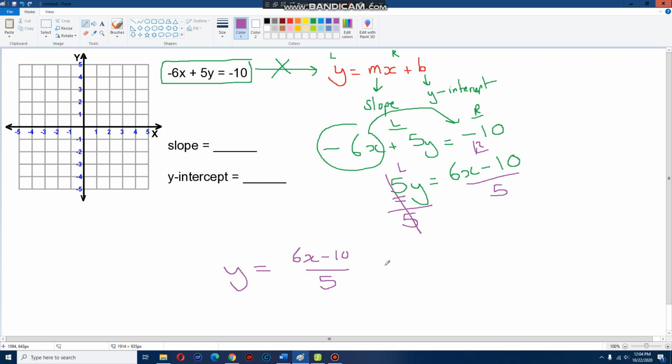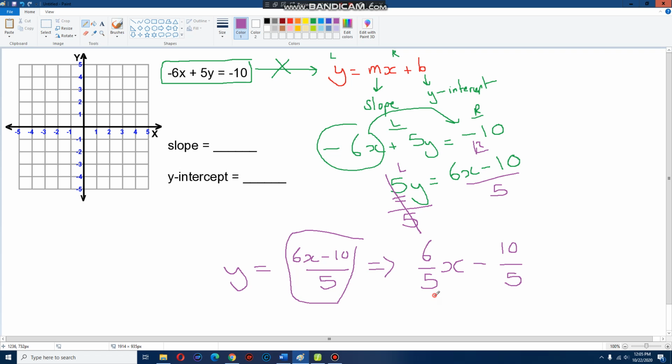Now you could stop right there if you want, but I want to show you that this equation, 6x minus 10 over 5, can also be written as 6 over 5x minus 10 divided by 5.